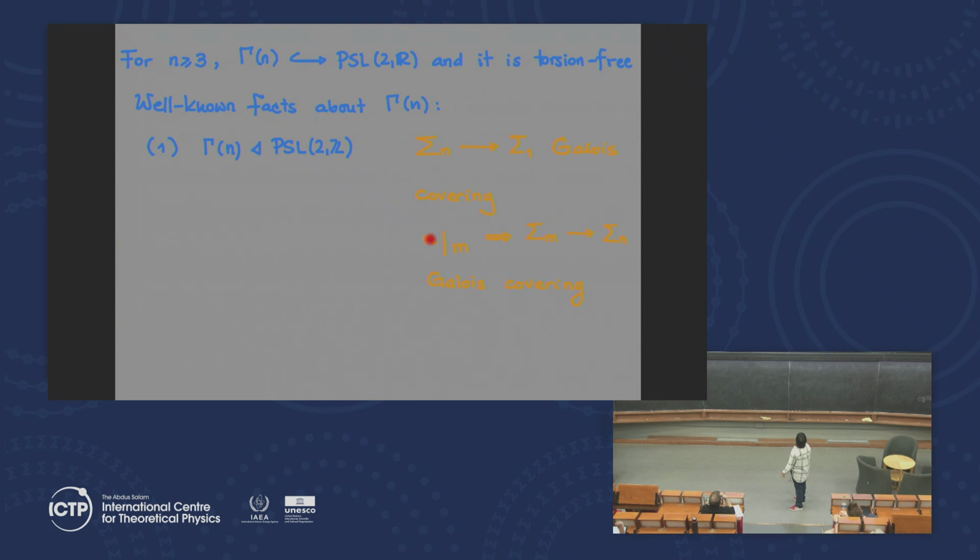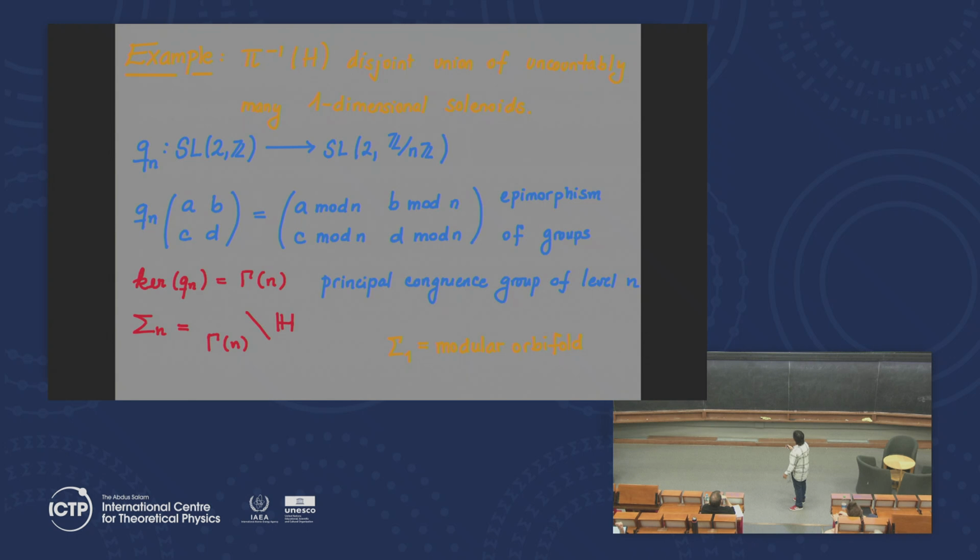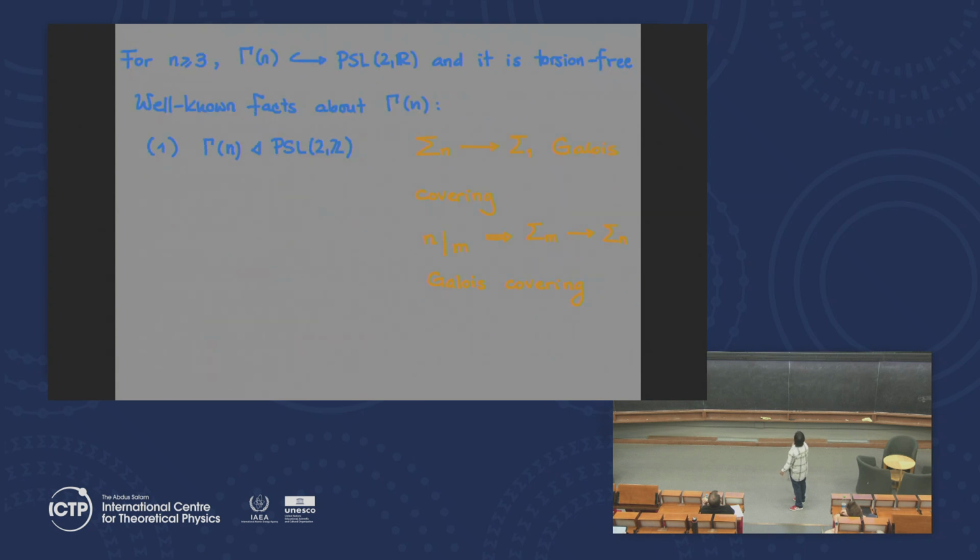Also, not every two surfaces of this family are one a covering of the other, but if you look at the definition of these groups, you'll see that if n divides m, then sigma m covers sigma n. So we have a big family of finite Galois coverings of hyperbolic surfaces, and many quite famous hyperbolic surfaces appear in this family.